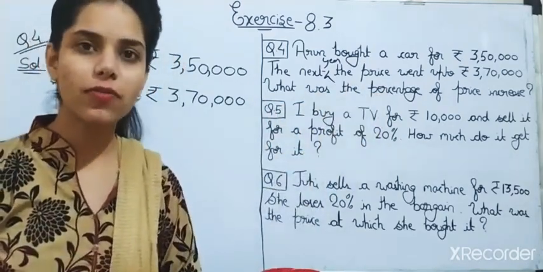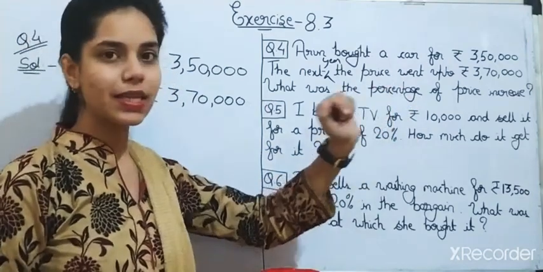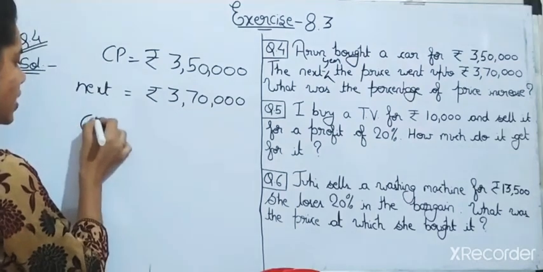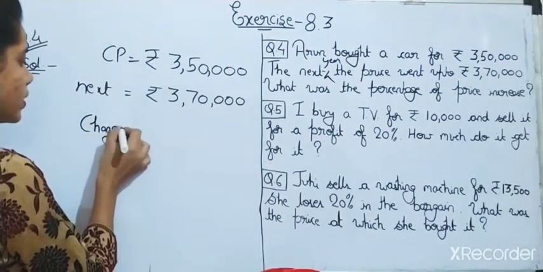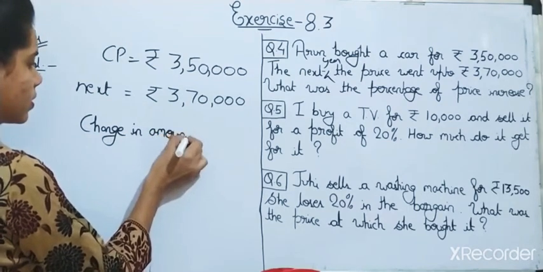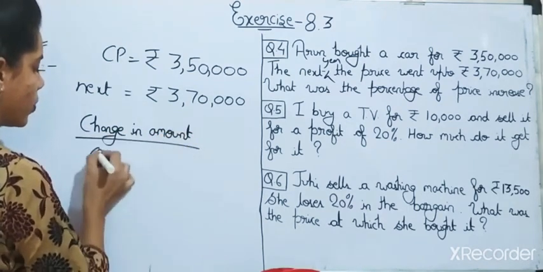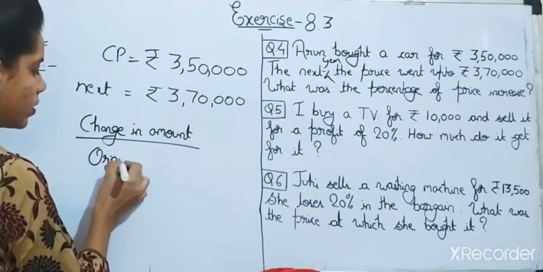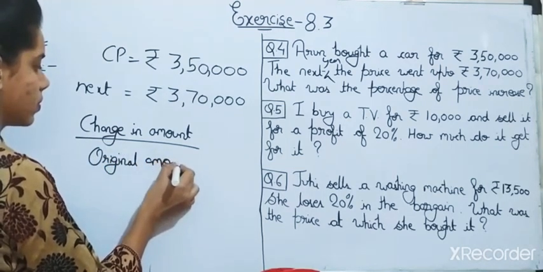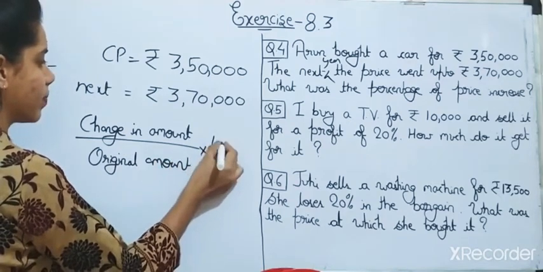So what was the formula for price increase? Yes, the formula is change in amount upon original amount into 100.